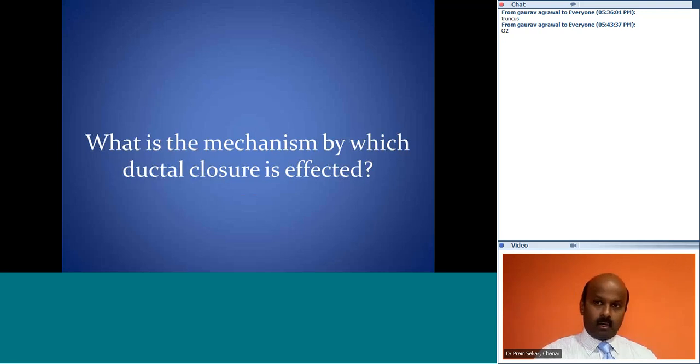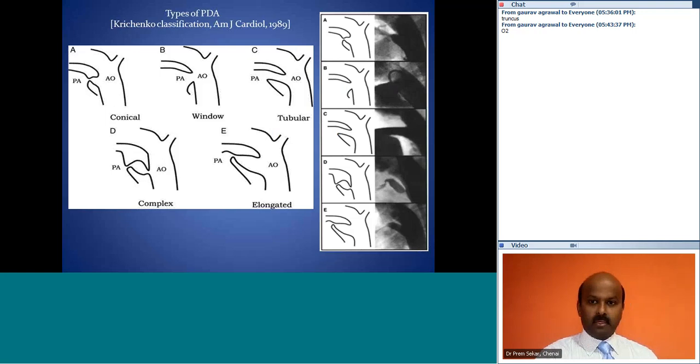In rubella, the presence of smooth muscle cells is significantly decreased, and hence the reason for an increased incidence of persistence of the ductus arteriosus in mothers who have had rubella during their pregnancy.